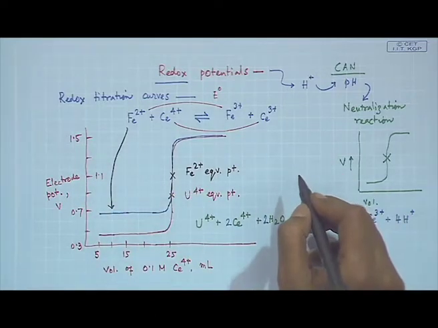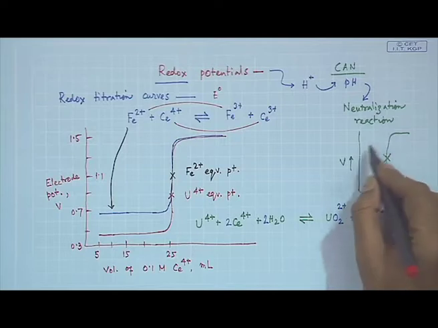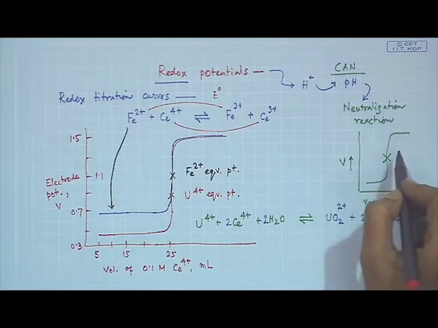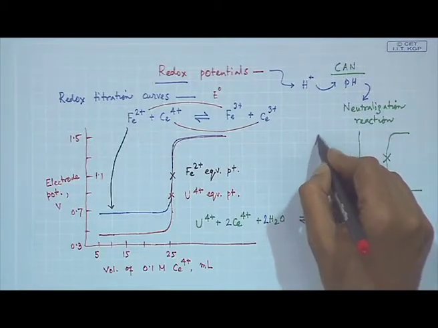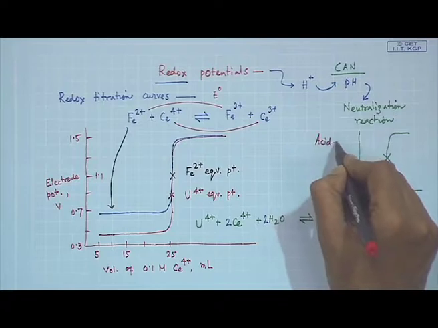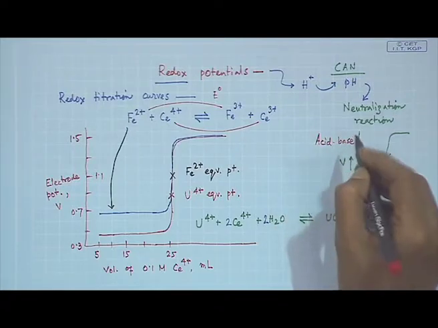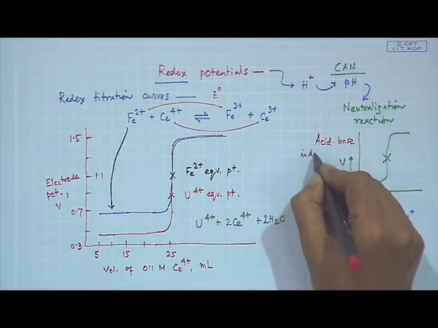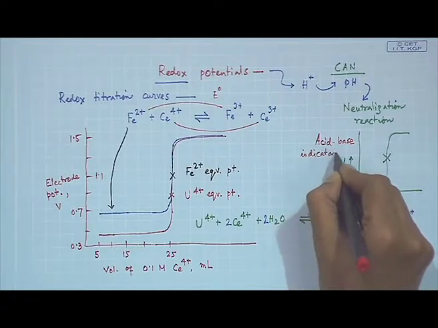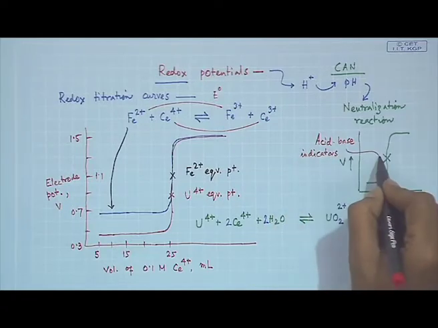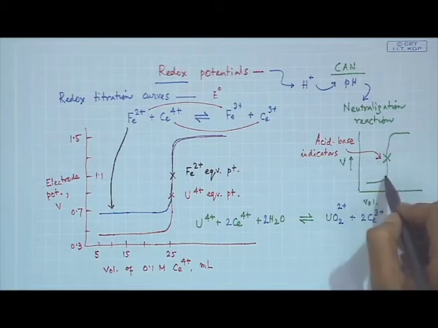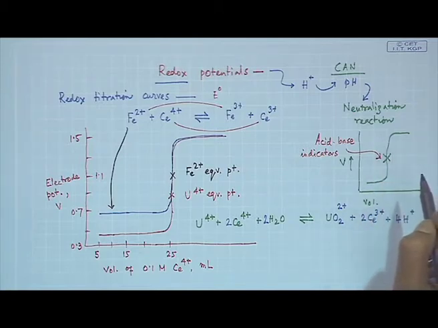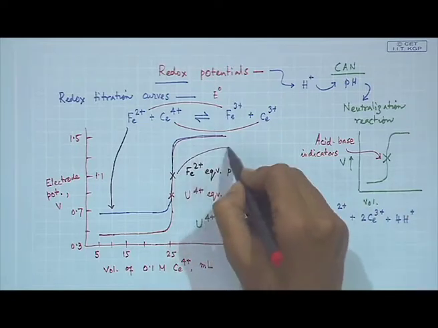So, how can we detect those things? Because here we have seen that in neutralization titrations we can determine this in terms of the corresponding acid base indicators. We have used acid base indicators to detect the corresponding endpoint for the neutralization reaction. So, how do we detect this endpoint?